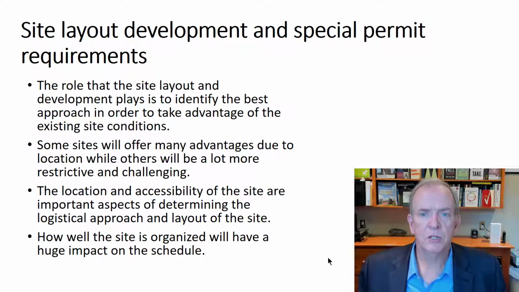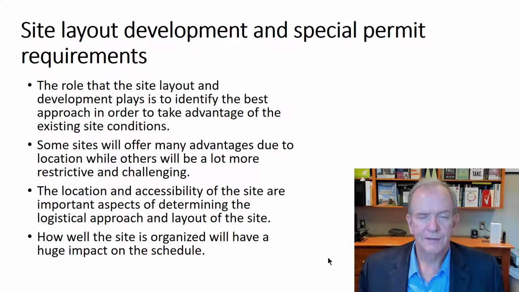You have to think about special permits, not just building permits. We kind of talked about building permits, but specialty permits. And do you know all of the specialty permits that may be required? You could have environmental permits, specialty permits for wildlife. If salmon are spawning and you're doing a bridge, you might not be able to do any work near the water as it could disrupt the spawning salmon.